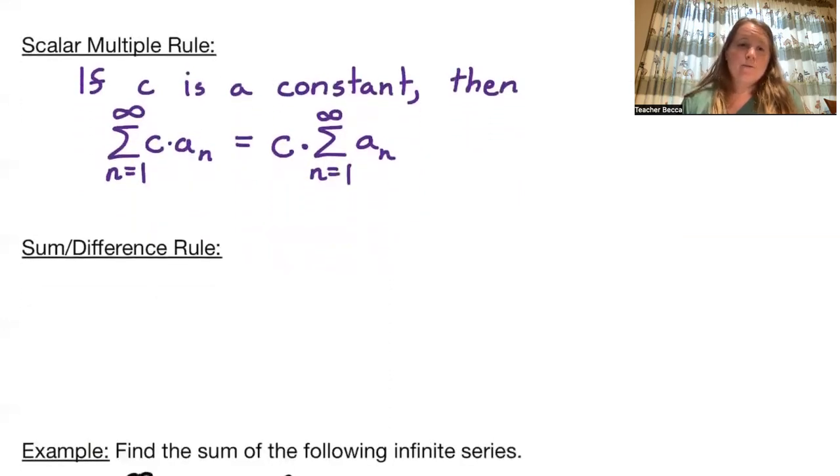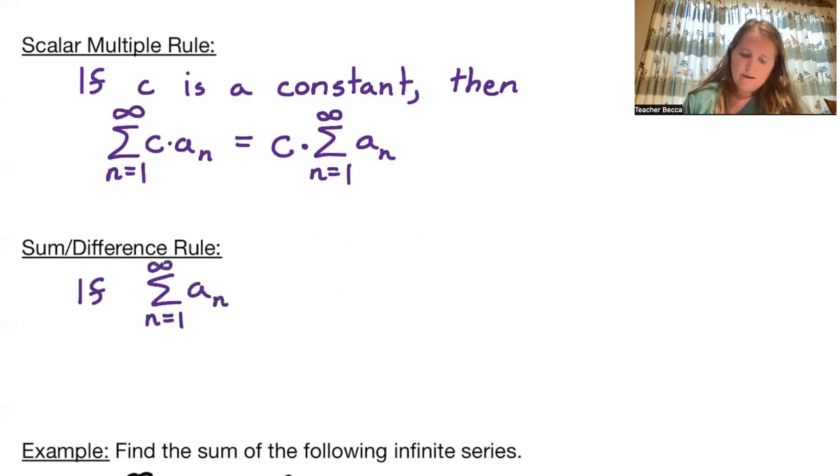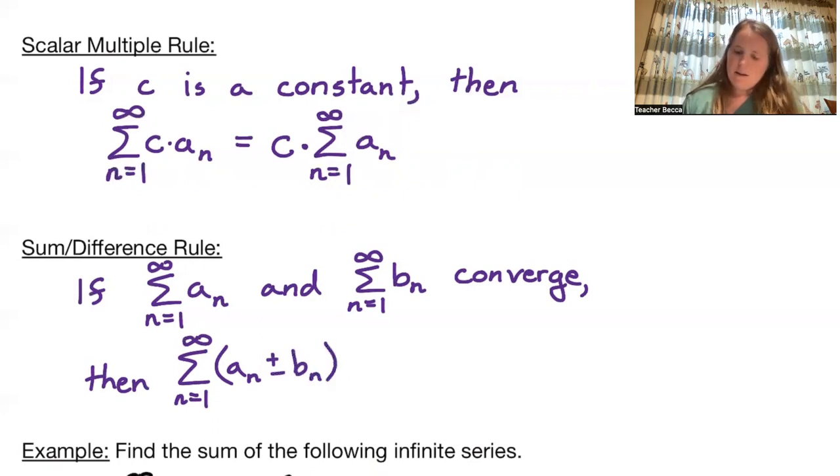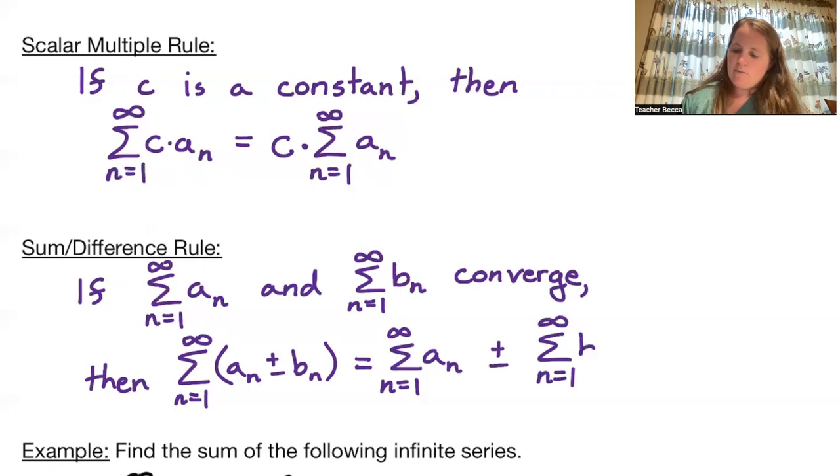We also have the sum or difference rule. So essentially, if the sum from n equals 1 to infinity of a sub n and the sum from n equals 1 to infinity of b sub n both converge, then if we take the sum from n equals 1 to infinity of a sub n, either plus or minus b sub n, whichever one you want to take, this is exactly the same thing as taking the sum of a sub n, and then adding or subtracting, whichever you were doing, the sum of b sub n.